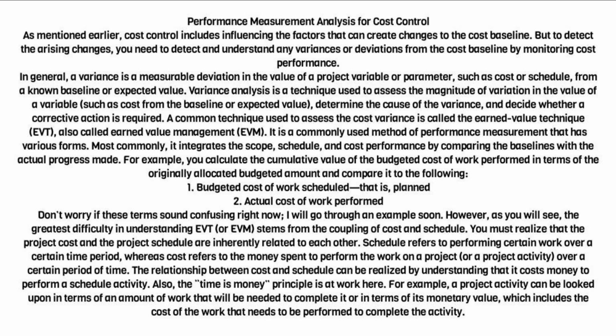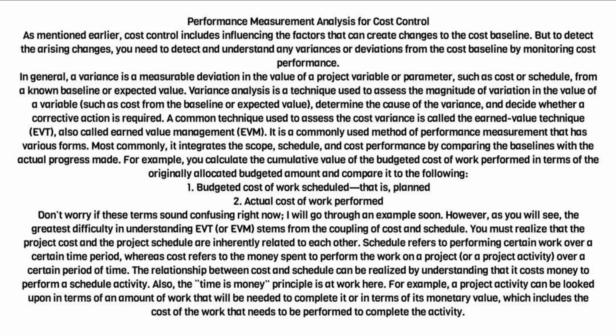In general, a variance is a measurable deviation in the value of a project variable or parameter, such as cost or schedule, from a known baseline or expected value. Variance analysis is a technique used to assess the magnitude of variation in the value of a variable, such as cost, from the baseline or expected value, determine the cause of the variance, and decide whether a corrective action is required. A common technique used to assess the cost variance is called the earned value technique, EVT, also called earned value management, EVM. It is a commonly used method of performance measurement that has various forms.